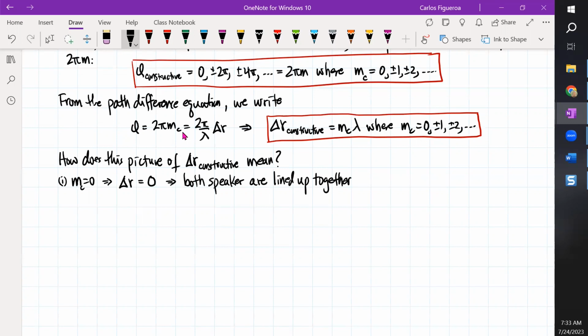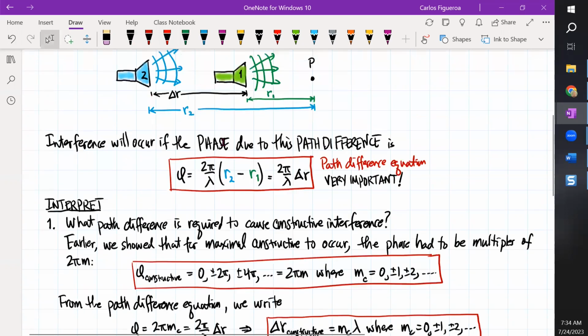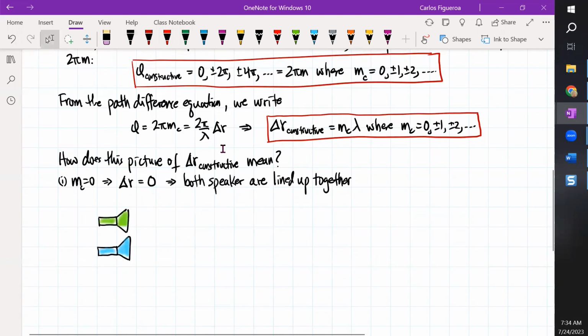So I have a speaker here, and of course my second speaker, and the path difference between these two is 0. The blue one is 2, and this one is 1.